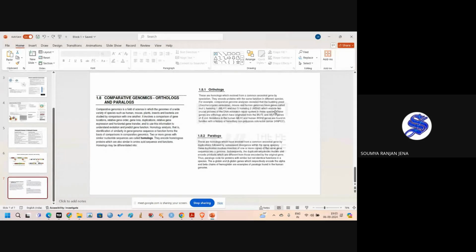This mismatch repair is recognized by the MLH1 and MSH2 proteins.